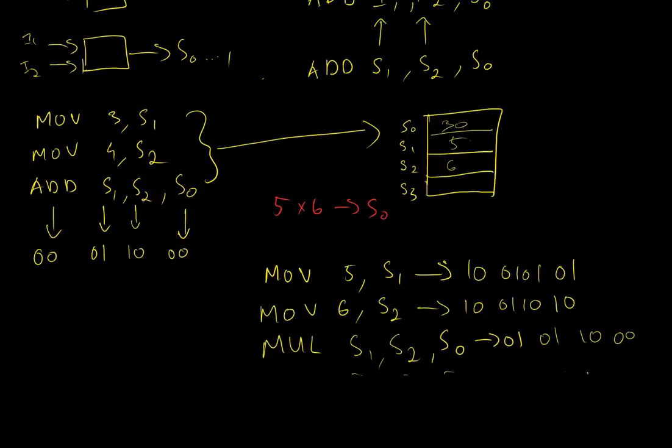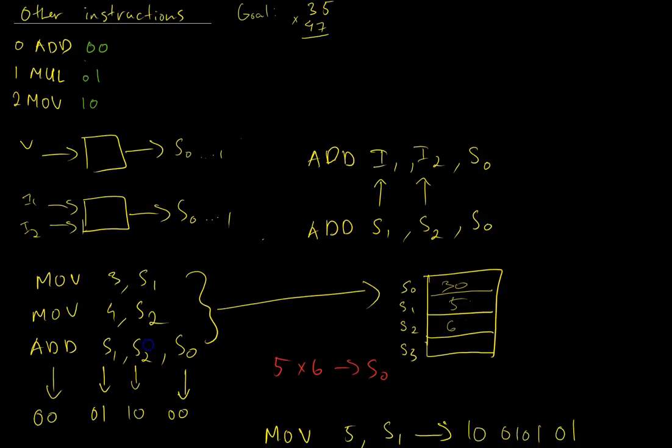And hopefully now you'll be able to see how in the next lecture we're going to write a program that will calculate 35 by 47 using the instructions that we've just defined. If you want, and if you're brave, you can try and code this program yourself.